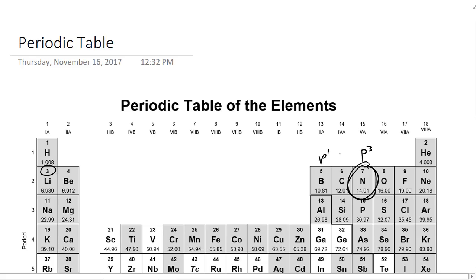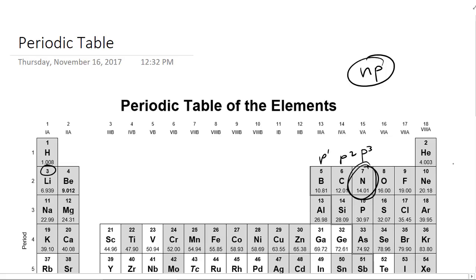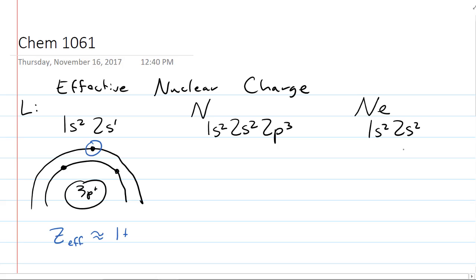Remember, this is p1, p2, p3. And then we're in the P block, we say it has an np configuration. So it's going to end with 2p3. And if we're dealing with neon, the configuration would be 1s2, 2s2, and would end with 2p6, like this right here.